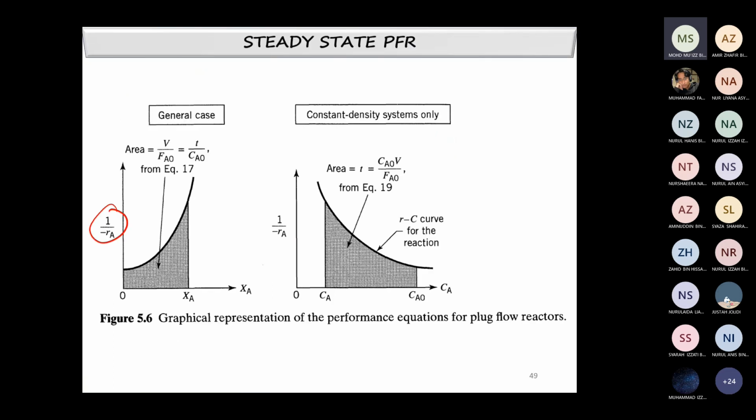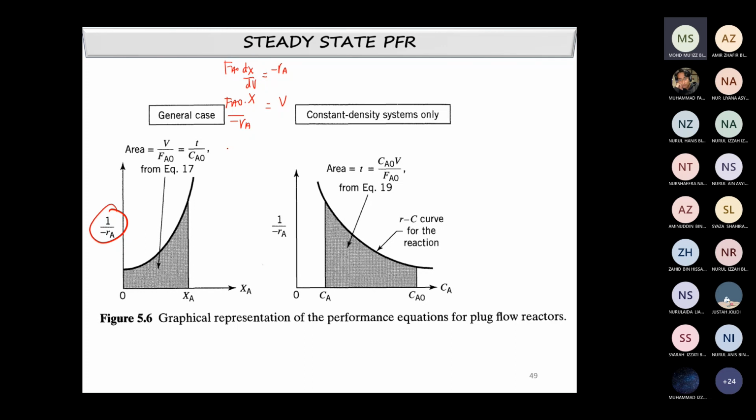Then we have this one, in terms of how we get this area in terms of V over FA0, or tau, which is equal to V over v0. Okay, so starting from FA0 dX, because there is X, we take dX over dV equals negative rA. So from here we can integrate, actually it is FA0 X over negative rA, which equals V. Okay, we have moved it around, and it becomes like this.